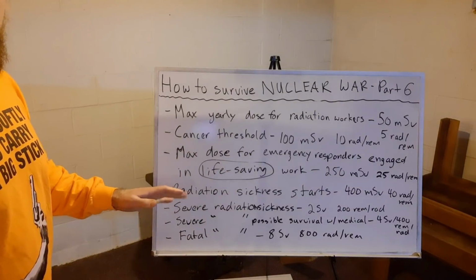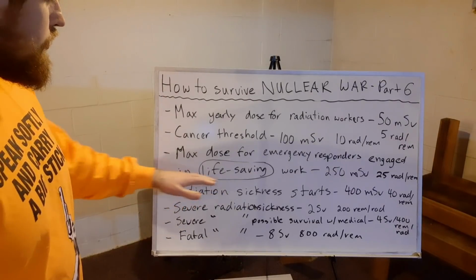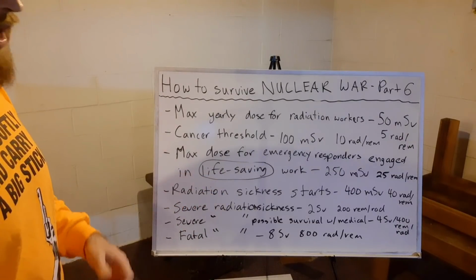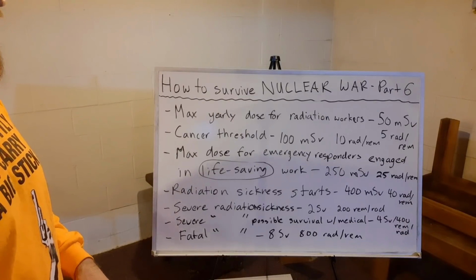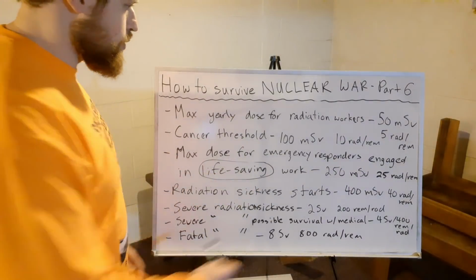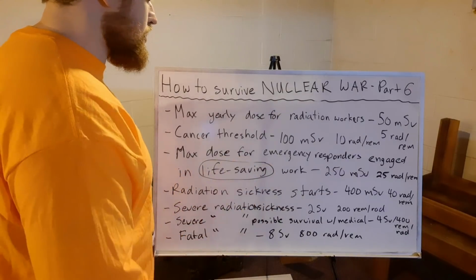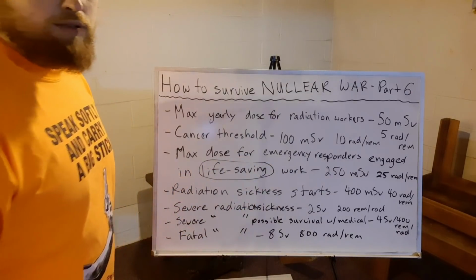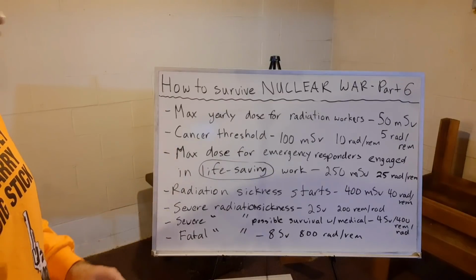And also, in an actual nuclear emergency, you're going to want to remember what your thresholds are. So when you're monitoring your radiation dose with your radiation dosimeter, which I talked about in part 5, you're going to want to know what's the maximum amount that I can absorb before I start to get sick. If you don't know these numbers, you're going to be completely lost, okay?